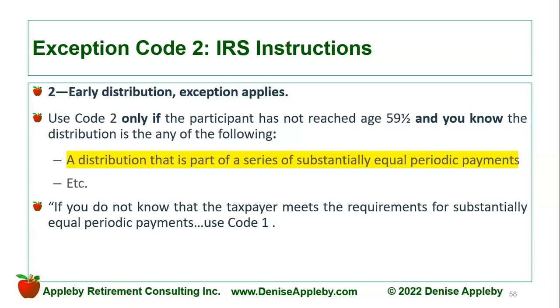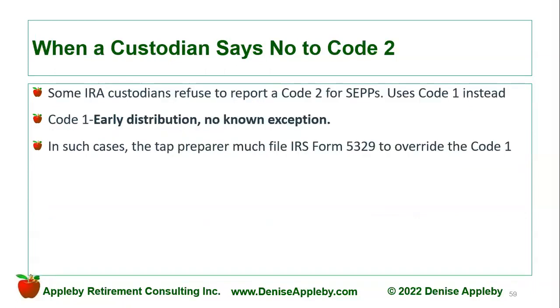And so you have an increasing number of IRA custodians that are saying, well, we don't know if you meet the requirements, so we're going to use a code 1. Even if the IRA owner provides them with the calculation and a certification from the accountant, they're taking the position that we don't want that responsibility. We're going to issue a code 1.